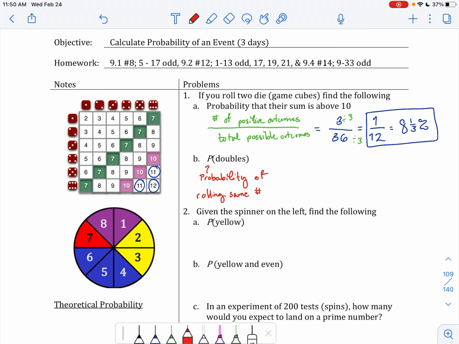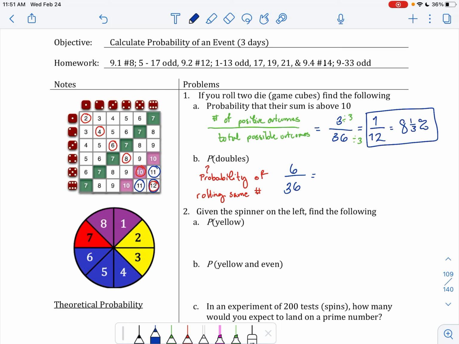Now if I look here, doubles would be 1 and 1, 2 and 2, 3 and 3, 4 and 4, 5 and 5, and 6 and 6. So again, there are 1, 2, 3, 4, 5, 6 outcomes that we're interested in, where we say, oh yes, that's a success, out of the whole table, which is 36.